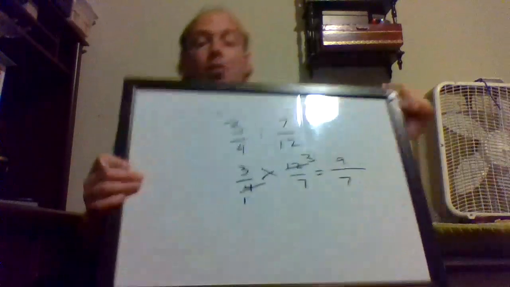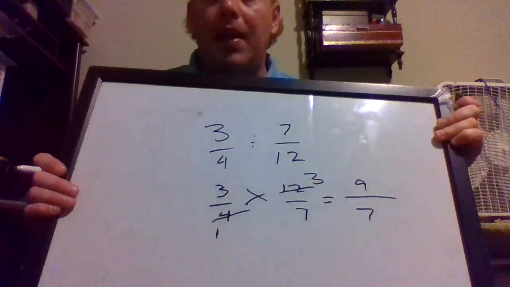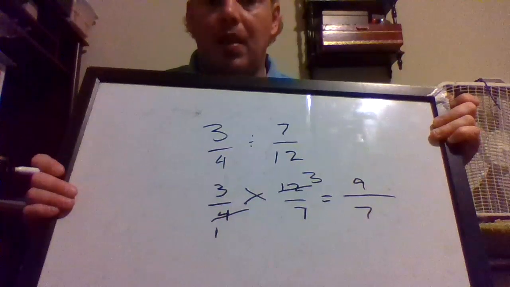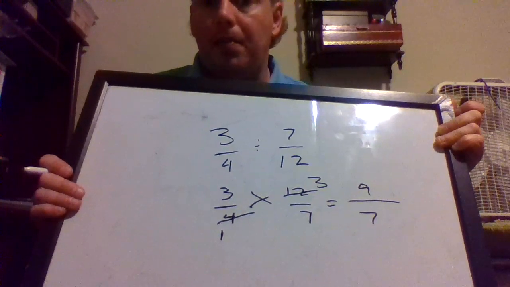Alright, so now we just got a basic multiplication problem. So we're going to multiply straight across. 3 times 3 is 9. And 1 times 7 is 7. Alright, now, if you keep it like that, we've done what we need to do.